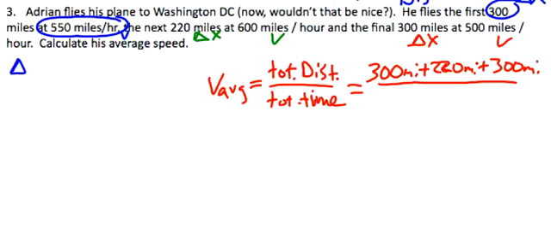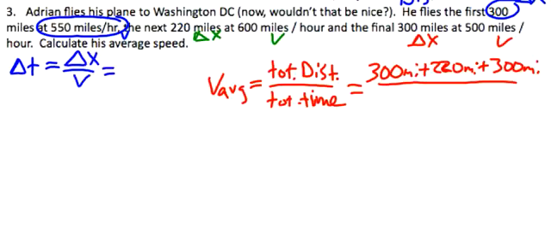So what's my time taken for the first segment? How do you get time if I've got position? The change of position is 300 miles. And velocity. Well, my formula is the distance over the speed.